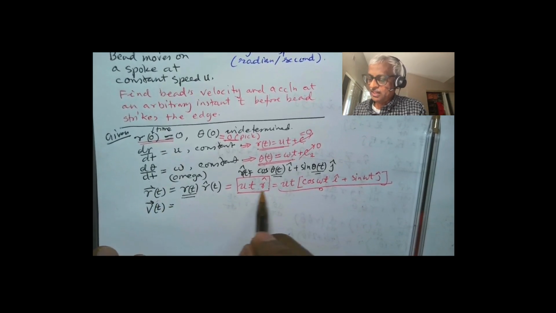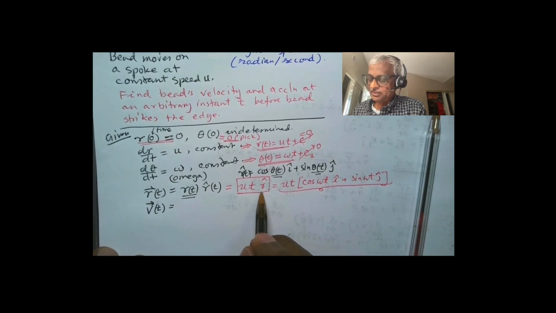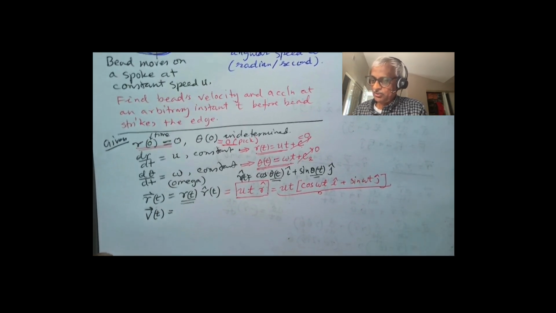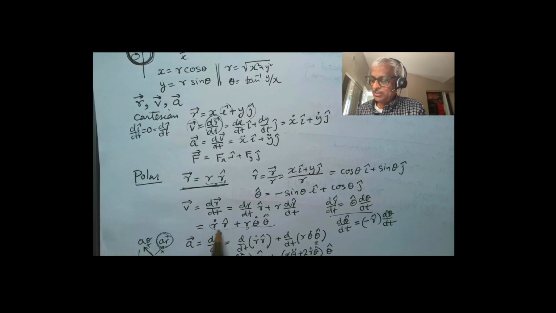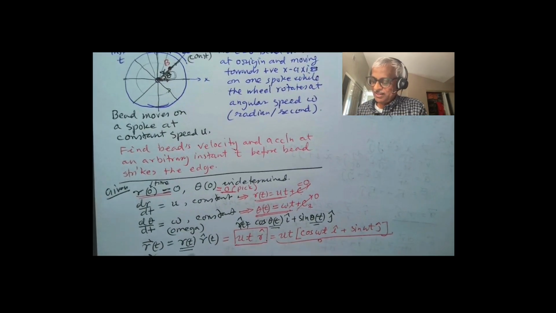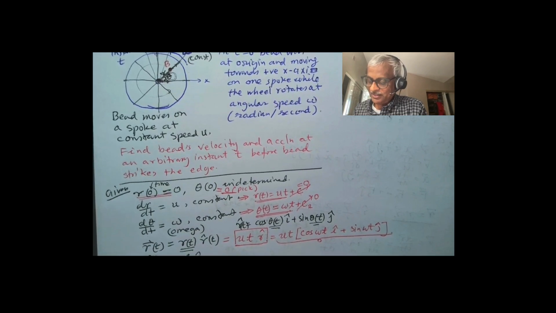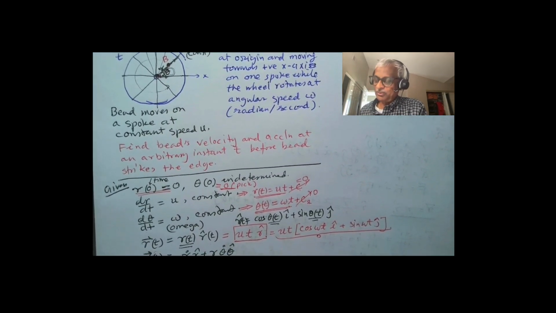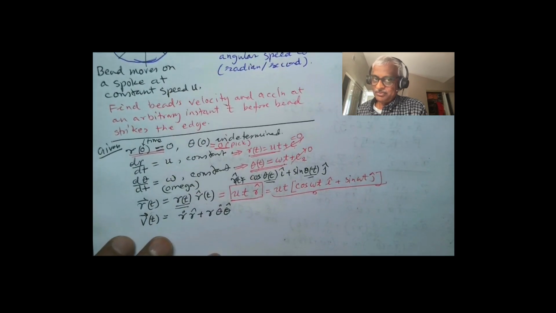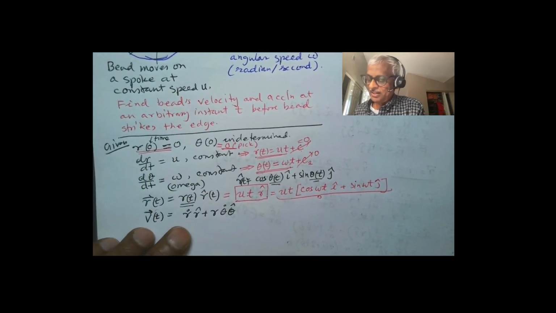We can of course take a time derivative of this over here, or we can just say, all right, we are formula driven people, so I'm going to go over there, and there will be r dot r hat plus r theta dot theta hat. Let's start it that way. Suppose I do it that way, which is nothing but coming from here.